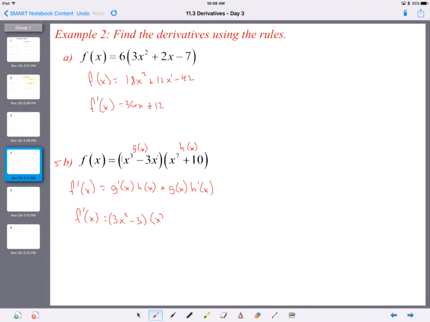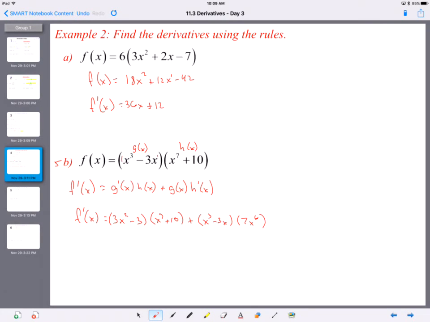Well, h of x doesn't change on this first part, so it's just x to the 7th plus 10. Plus g of x, so that's the original, times the derivative of h of x. So that'll be 7x to the 6th power, so 7 times 1, x to the 6th, and then plus 10, your constant, so that's just plus 0.